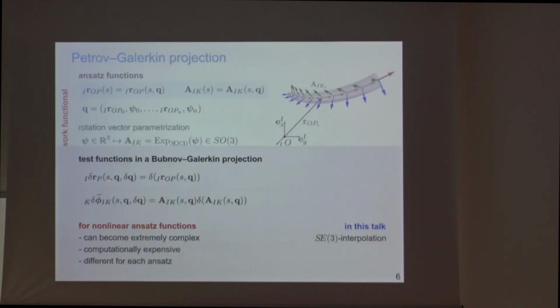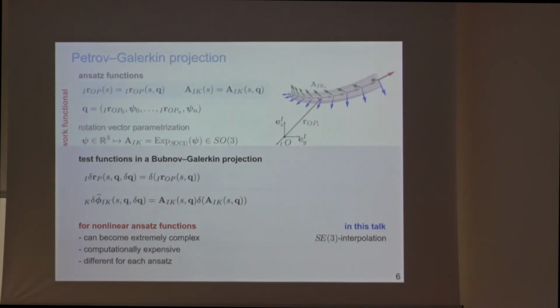Particularly for that case, it's very easy if we are just linear or if you have just Lagrangian interpolations. But we will come here with a highly nonlinear interpolation, and then these variations become extremely complex, computationally expensive, and what is also troublesome is they become different for each ansatz.